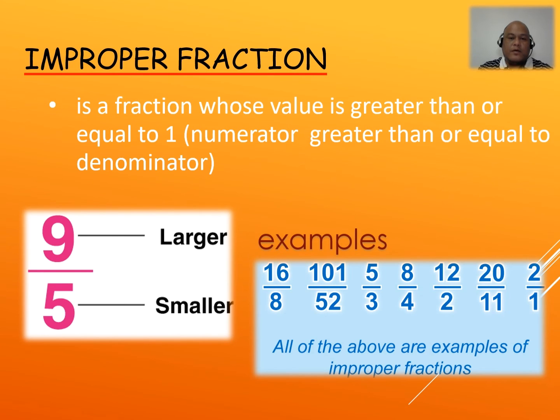Second kind of fraction is improper fraction. Improper fraction is a fraction whose value is greater than or equal to 1. The numerator is greater than or equal to denominator. Look at this, 9/5. 9 is bigger than 5.